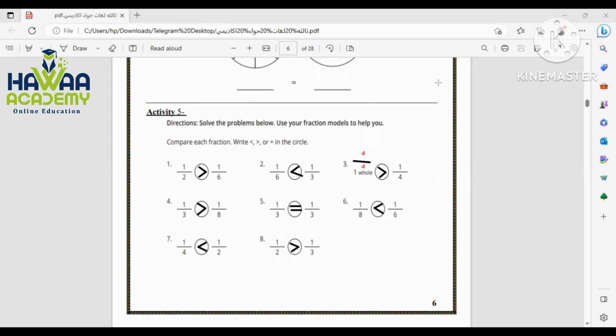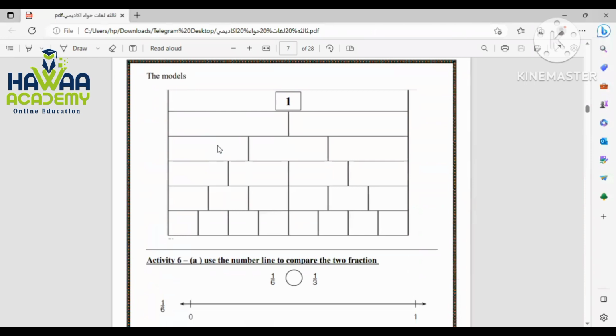And let's continue. The models, we will see this part. Okay, this is the whole one, and the whole one is cut into two equal parts. That means each part is half. So in one whole we have two halves. Here we have three equal parts, right?